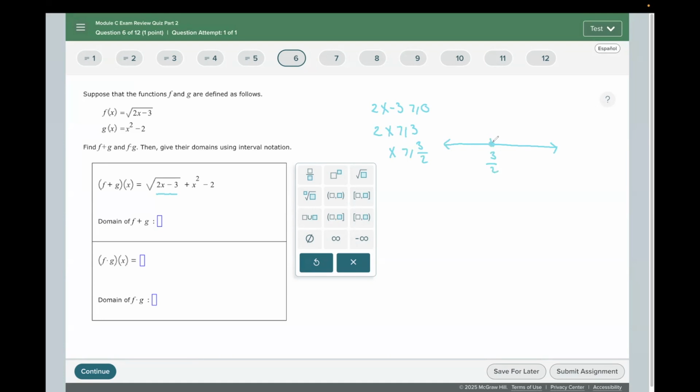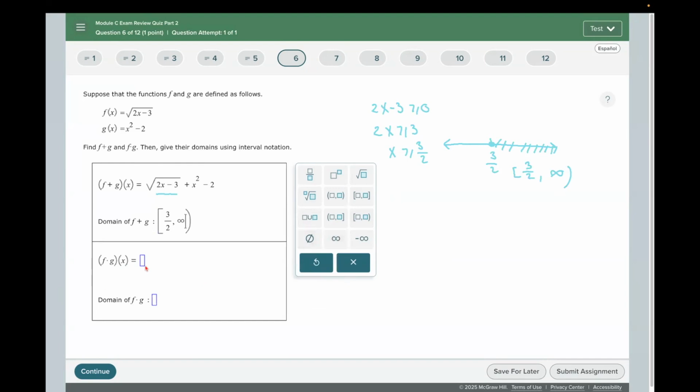So I do closed circle because it's included, and I want x larger than 3 over 2. So I'm going to shade everything to the right. In interval notation, this is a closed bracket, 3 over 2 going up to infinity, which we do with an open parenthesis because infinity is not a number. I'm never going to reach infinity. So let's do here, and I'm going to do 3 over 2, comma, infinity.